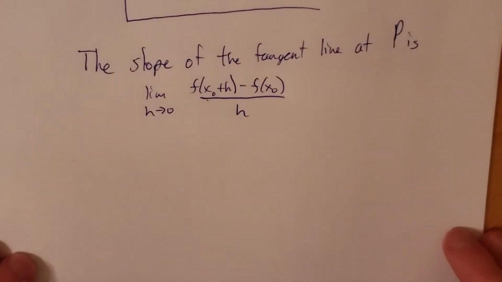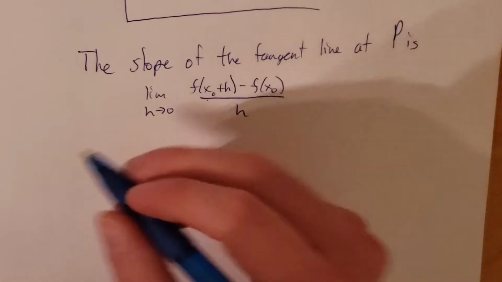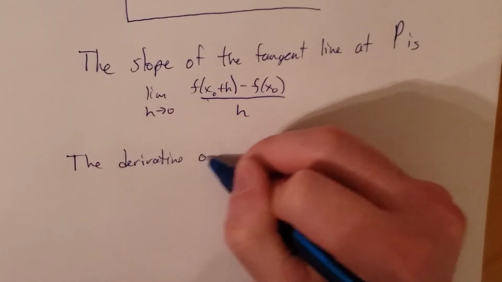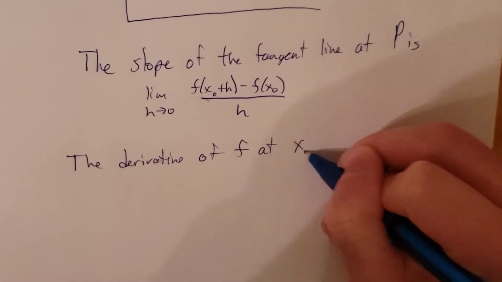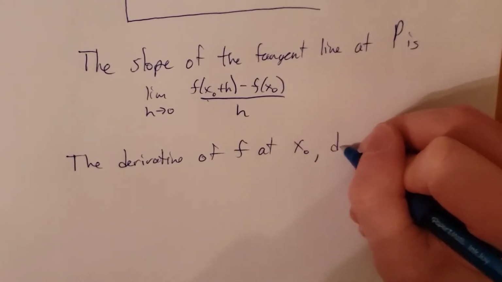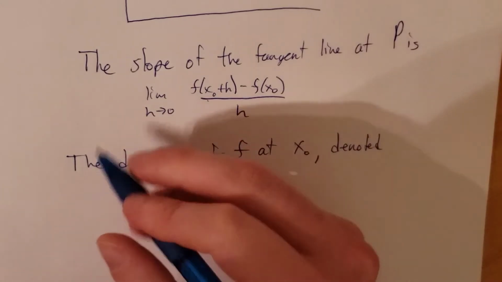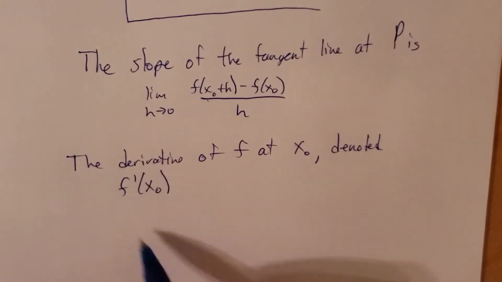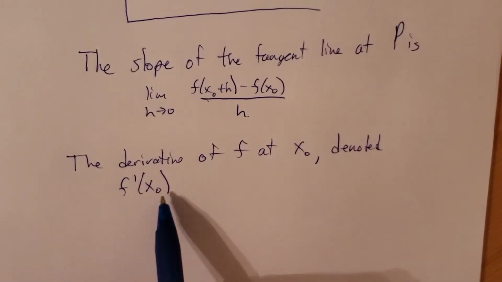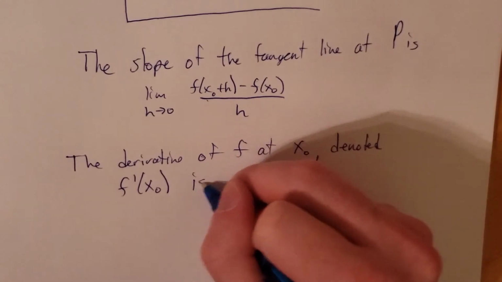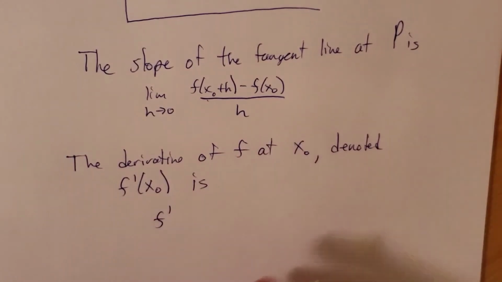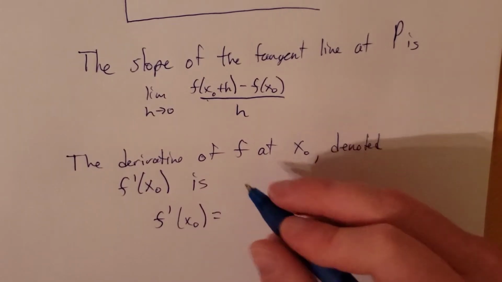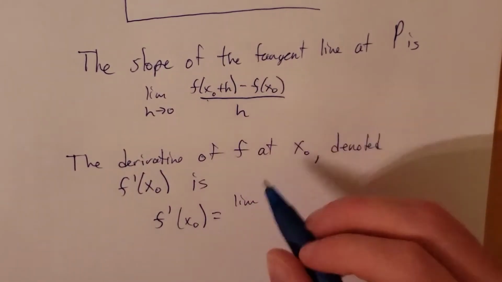So let's go ahead and define the derivative of f at x naught then. The derivative of f at x naught, denoted by f prime of x naught. If we write a prime in here, that just means the derivative of this function f at x naught. And f prime of x naught is equal to this slope of the tangent line.